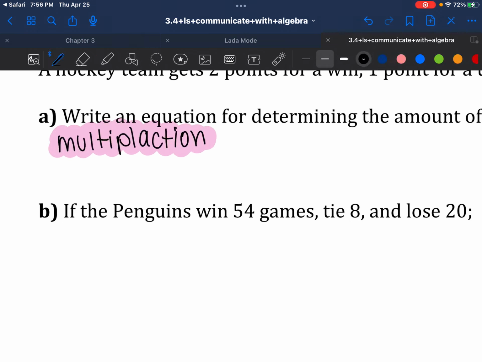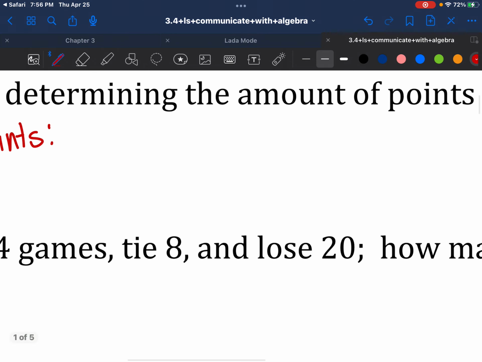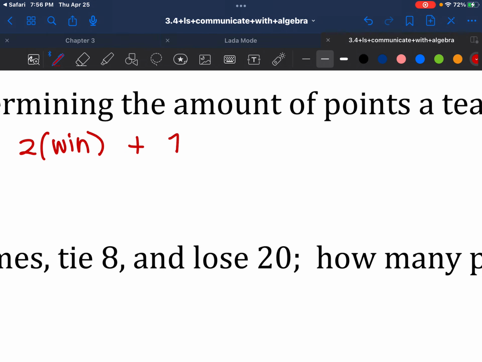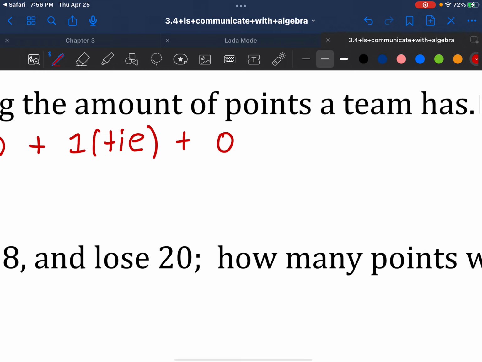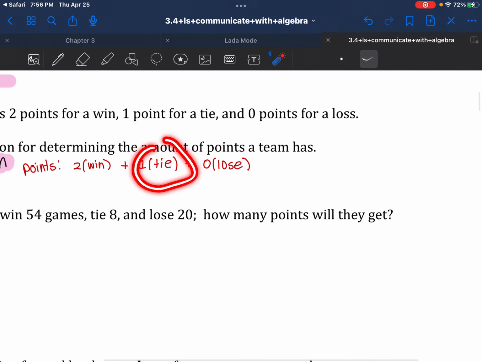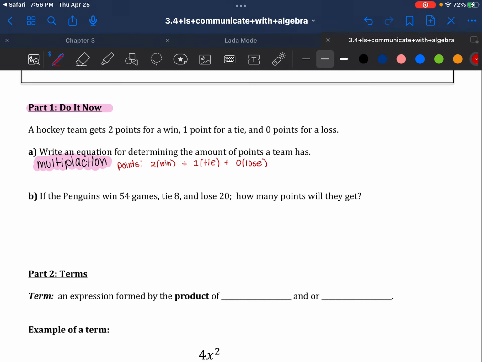So we can say that our points equal 2 for every win that we have, plus 1 for every tie that we have, and plus 0 for every loss that we have. Remember, this is multiplication.